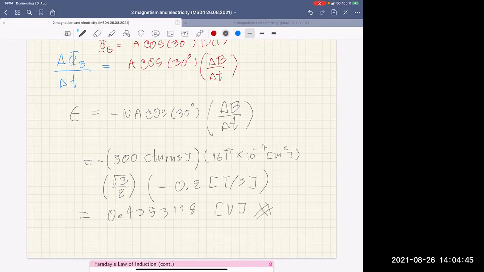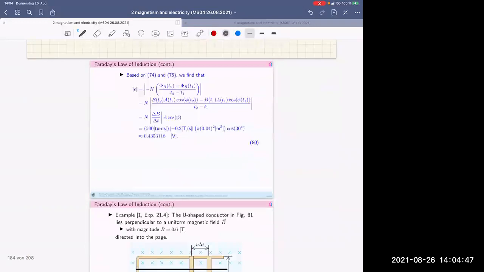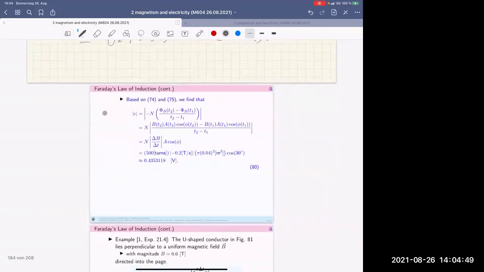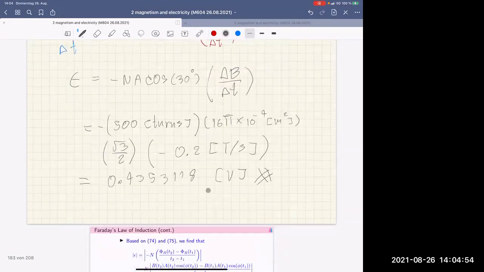I hope that's correct. Yeah, 0.4353118, exactly the same thing.